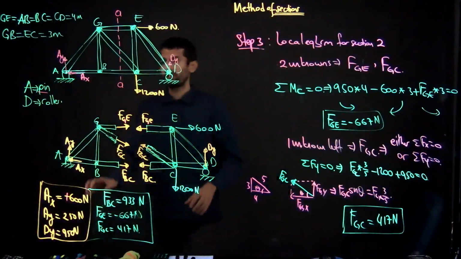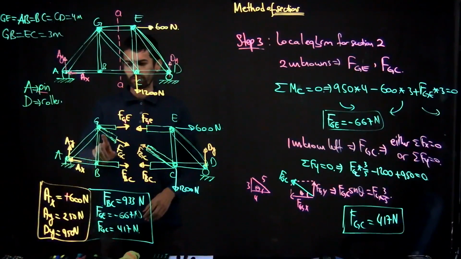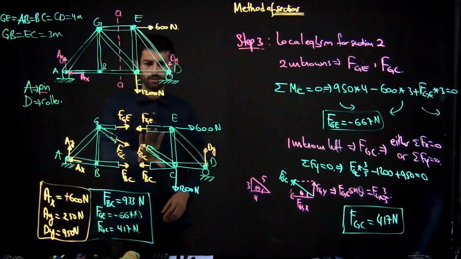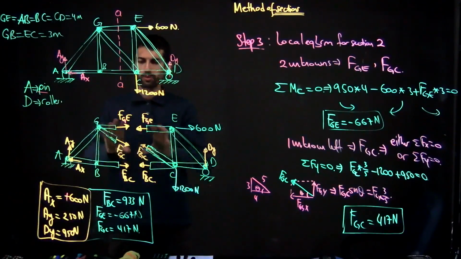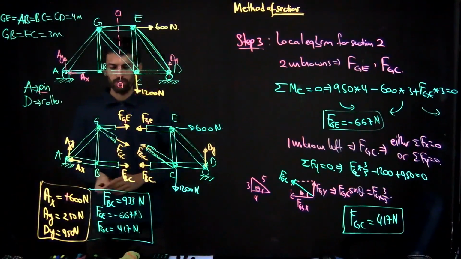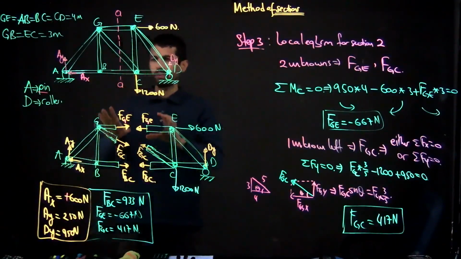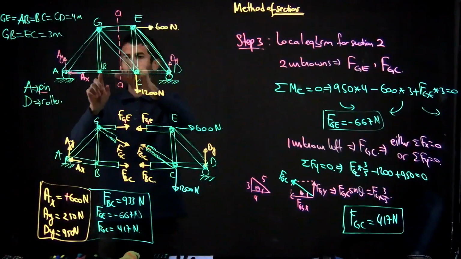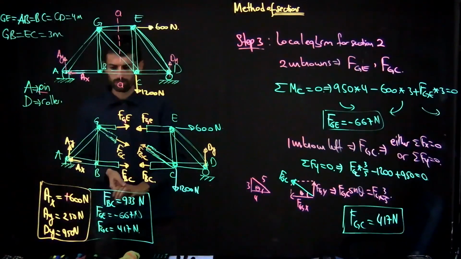So we have all the forces for this section 2 as well, because these are equal and opposite forces. Okay. So it is time to find out whether the members are in tension or compression. Okay, so let's do that.